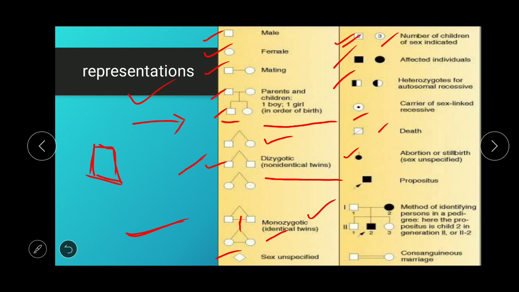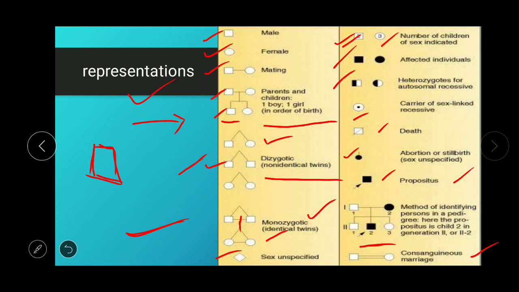Then there is the propositus, which means the individual for whom the family tree is being constructed. Then the method of identifying a person in a pedigree, for example, the propositus's child II-2, by which you track the inheritance pattern.